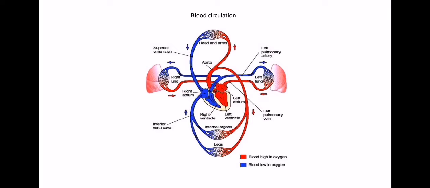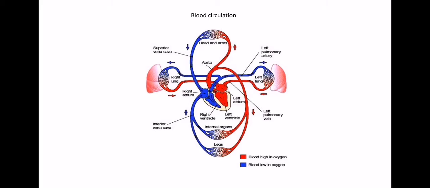Inside the lung, the gases are exchanged. We get rid of the carbon dioxide and we take oxygen, right? So now the blood comes out from the lung carrying oxygen gas, and it will enter the heart through the left atrium.